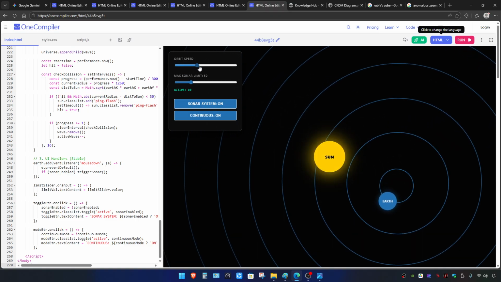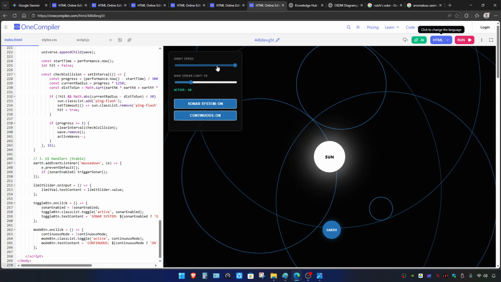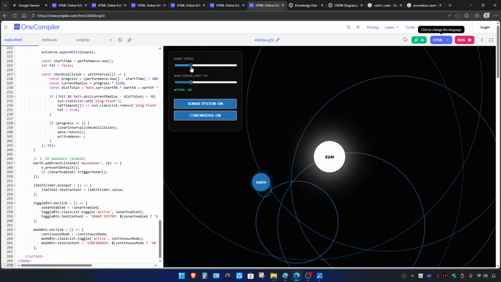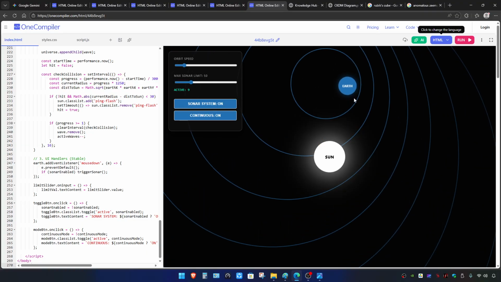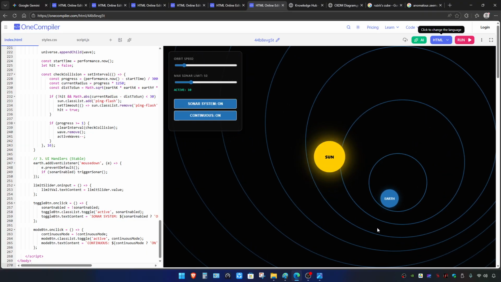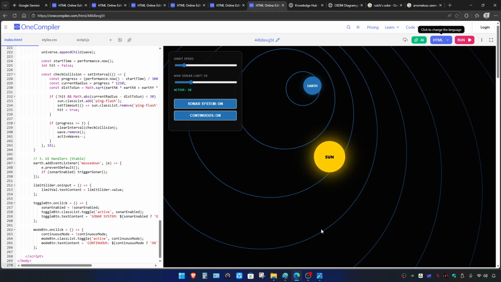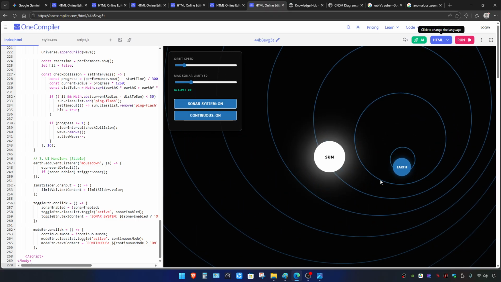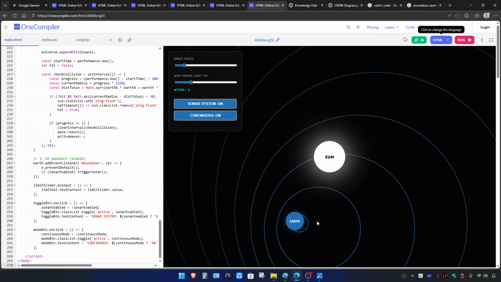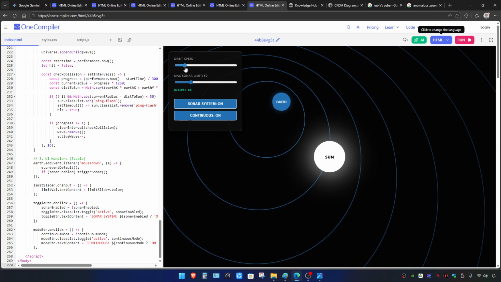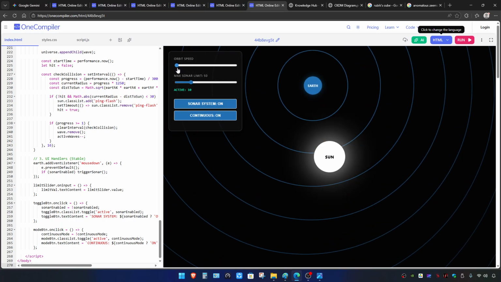If I increase the speed like this, people will think, isn't this the same effect as red shifting and blue shifting? No, this is why I'm going to slow down the speed a little.